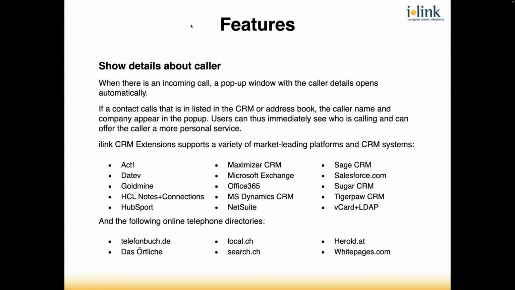Maximizer, Microsoft Exchange. There are several contact databases in Office 365 that can be integrated. Dynamics, NetSuite, Sage, Salesforce, Sugar, TigerPaw is also international, and several LDAP and vCard servers can be integrated as well.